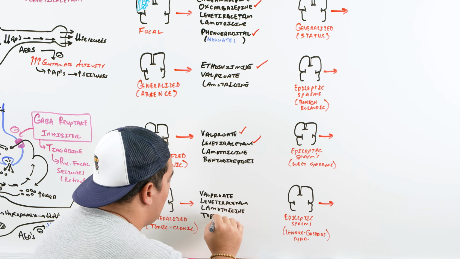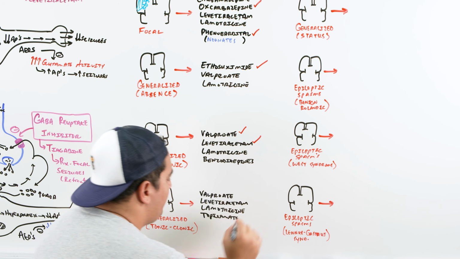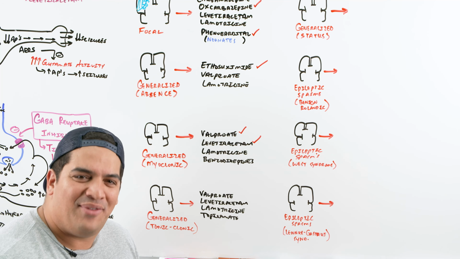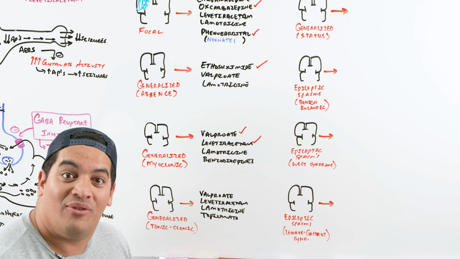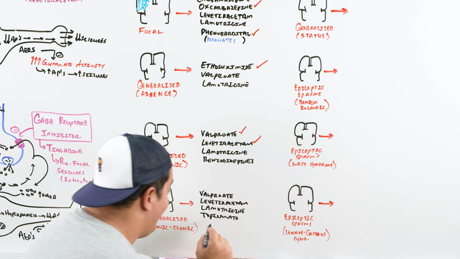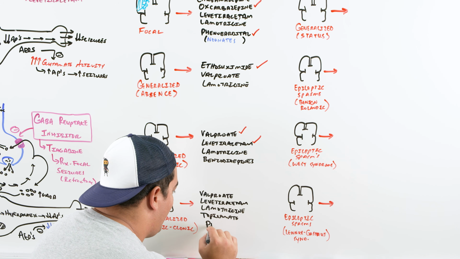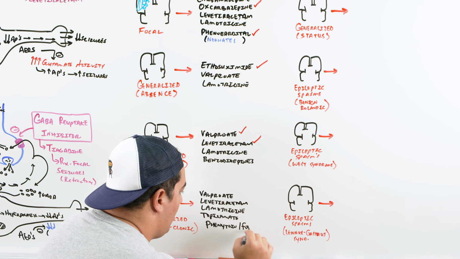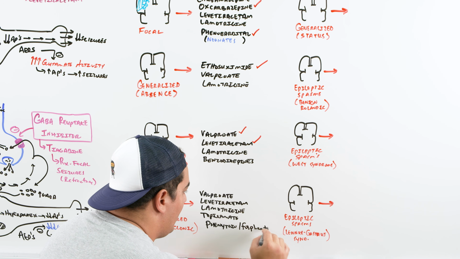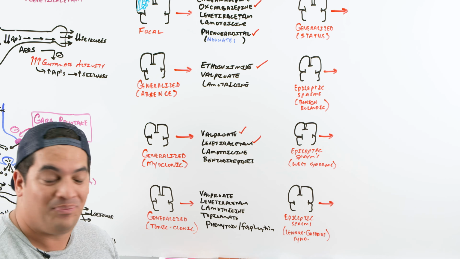Topiramate has been shown to be somewhat beneficial. Now, there is varying evidence on this, right? But some will even say that phenytoin, fosphenytoin is also pretty good in this particular situation. So phenytoin and then its cousin fosphenytoin have also been shown to some degree to have an efficacy as well.